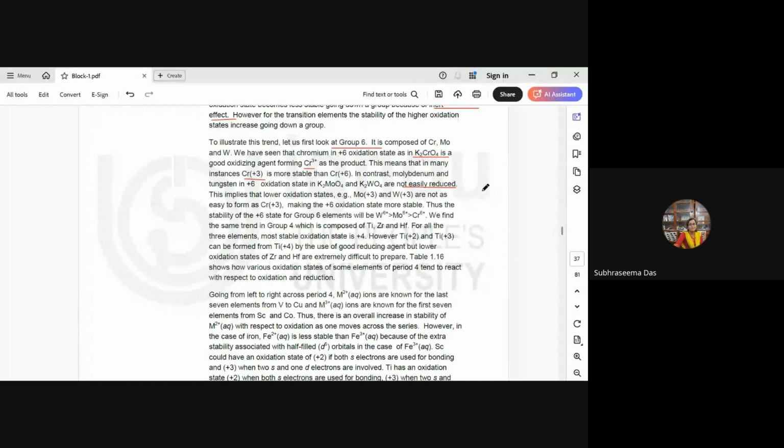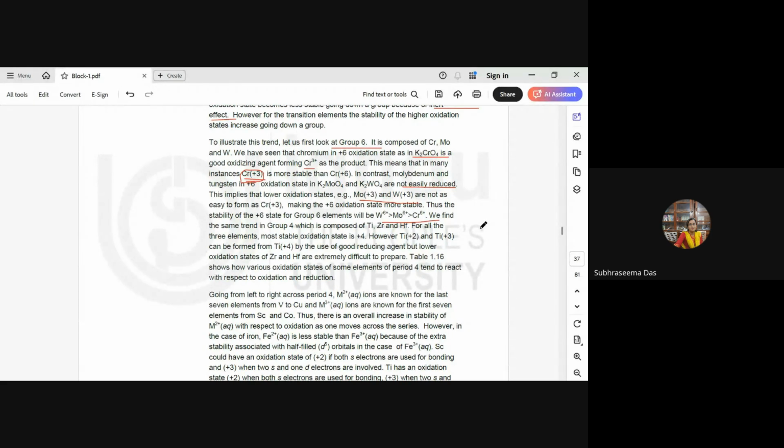This implies that the lower oxidation states, Mo+3 and tungsten+3, are not as easily formed as Cr+3. Thus, the stability of the +6 oxidation state for group 6 is tungsten, molybdenum greater than chromium.